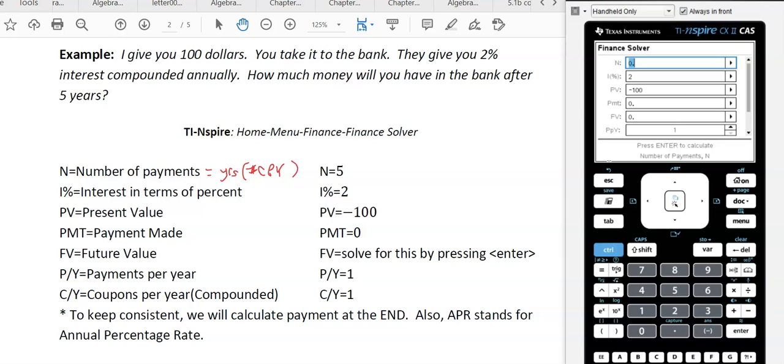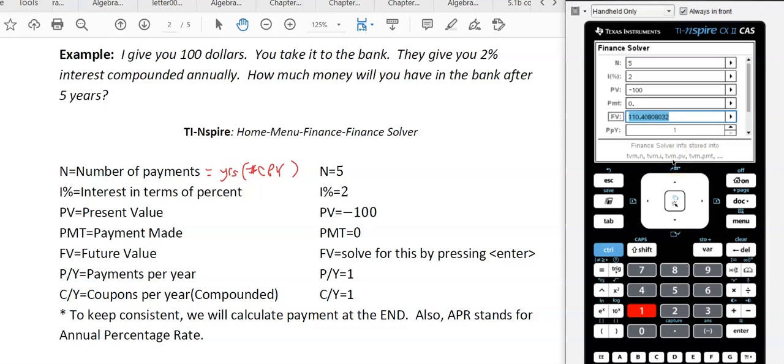In our case, our number of years is 5, and our CPY was 1 for this problem. So I'm even going to type it in like that. I'm going to type it in as 5 times 1, since it's compounded once a year. When I do that, it'll calculate 5. It'll multiply numbers for me. And go back down to what we're solving for, which is future value. It says at the bottom of the screen there, if you read it, press enter to calculate.